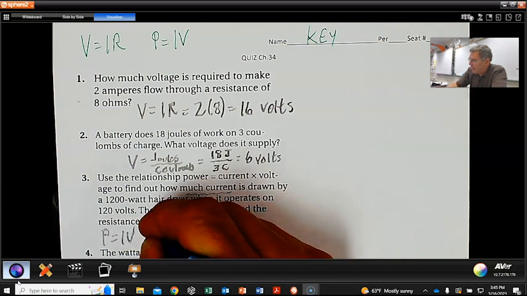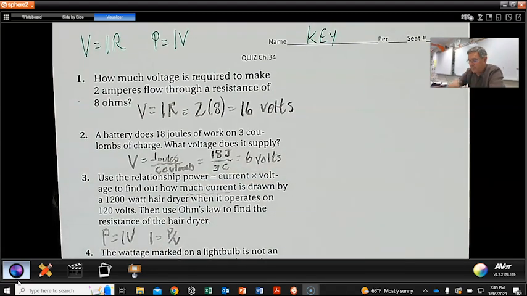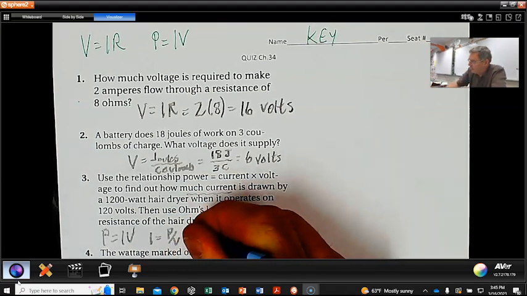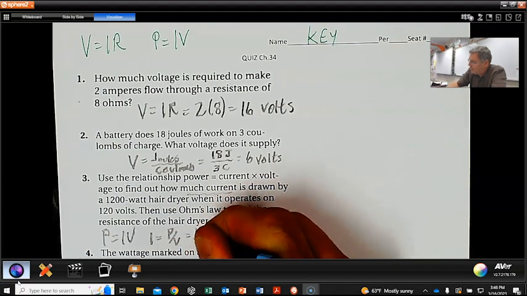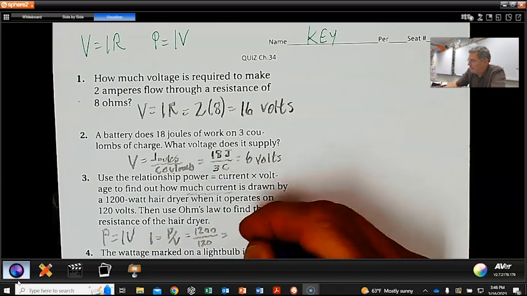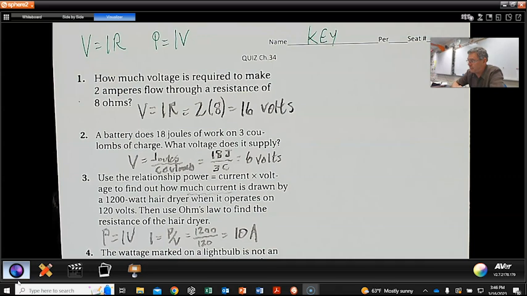So I'm going to solve this equation for I. I is equal to P over V, so that's 1200 watts divided by 120 volts, so that is 10 amps of current, or amperes is my units of current.